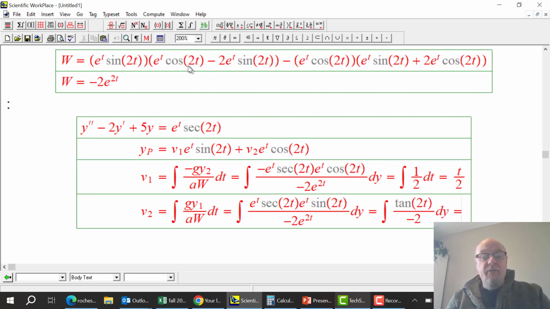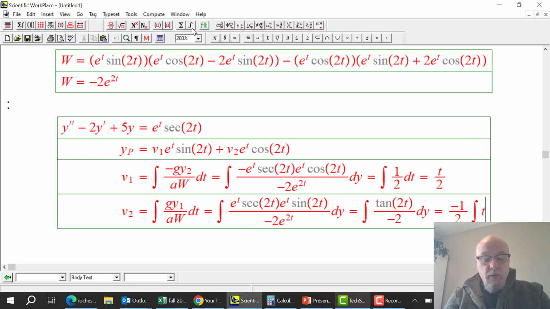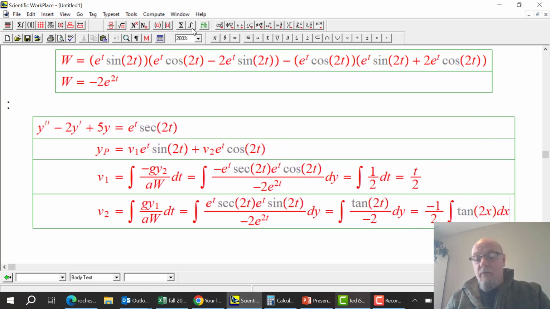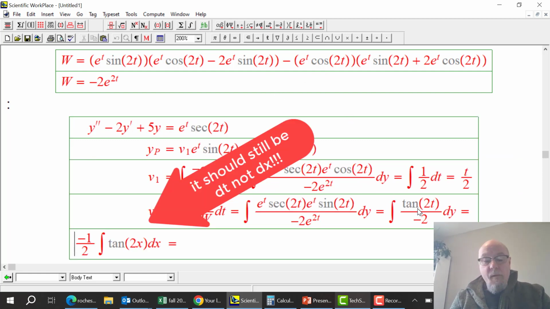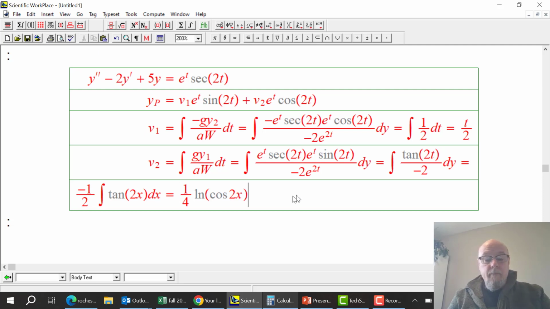Let's bring that minus a half to the outside, and we just need to know our integral of tan 2t. Now the integral of tan, let's move ourselves down here. The integral of tan is going to be, so I have to integrate, and now I've got v2.